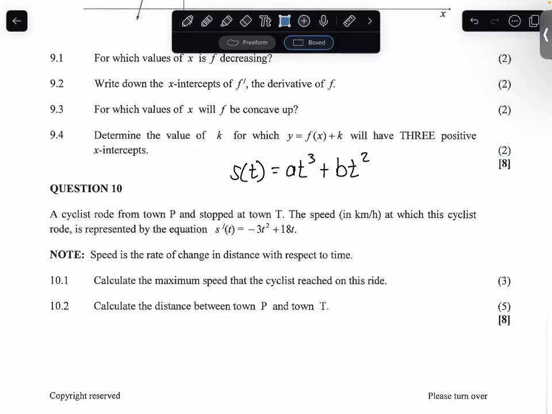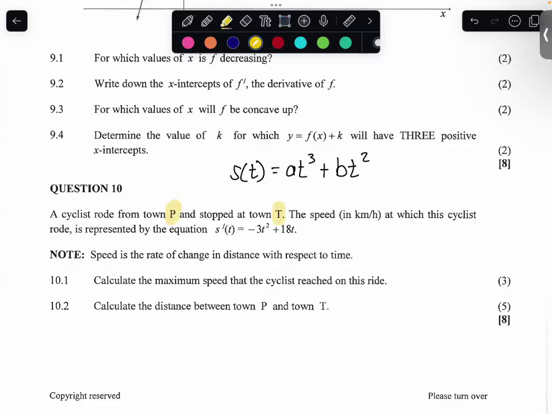The next question, 10.2, says, calculate the distance between town P and town T. To calculate the distance between them, the first thing I'm going to do is calculate the time at which the speed was 0, because this says the cyclist rode from town P. So at town P, his speed was 0.